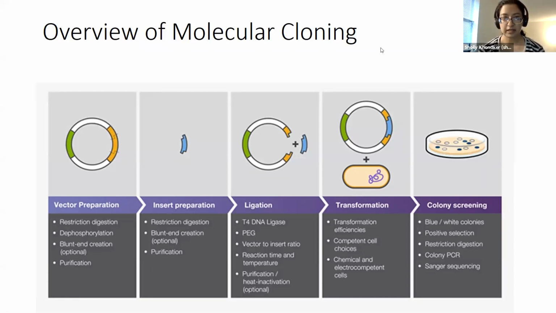Okay, I'm going to go into molecular cloning now. You don't need to pay attention to the details in this figure yet, but I'm just going to give you a quick overview first. So molecular cloning basically involves the use of plasmids, which we've talked a little bit about before. What you can do with plasmids in a laboratory setting is take a gene of interest and add it to a plasmid to create this vector, and then transform it into another organism such as E. coli or yeast, and then select for the cells that contain this plasmid.